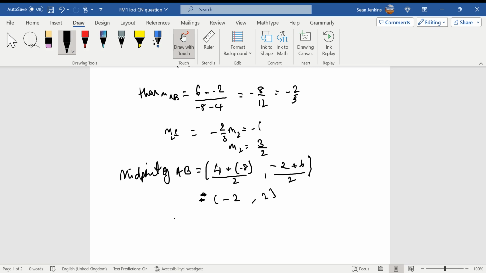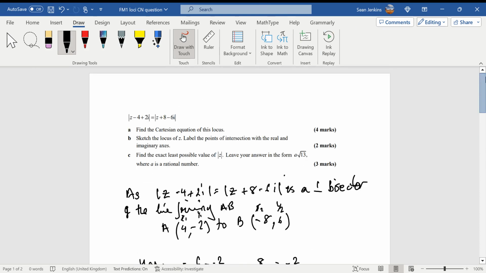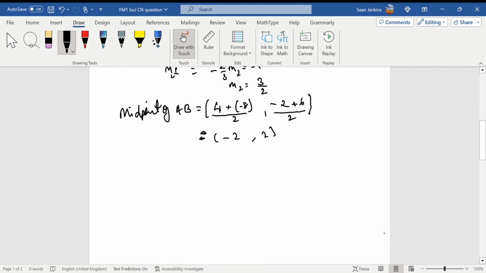Right. So now the equation, because part A does ask us to find the Cartesian equation of this locus. So using y minus y1 is equal to m brackets x minus x1, and now substitute our values.